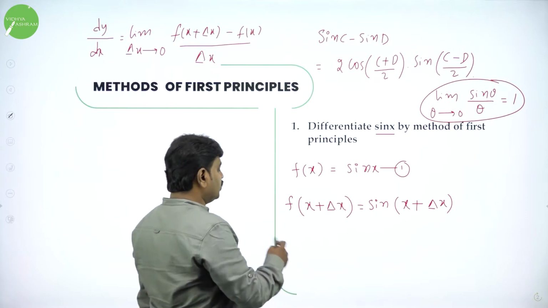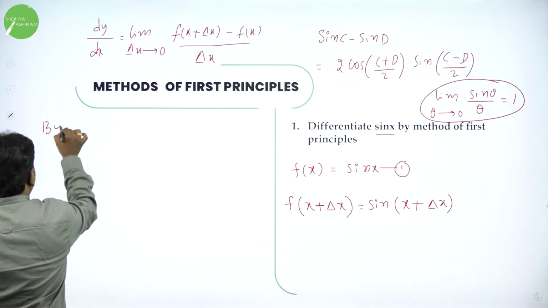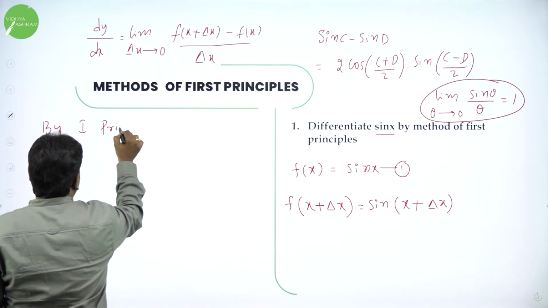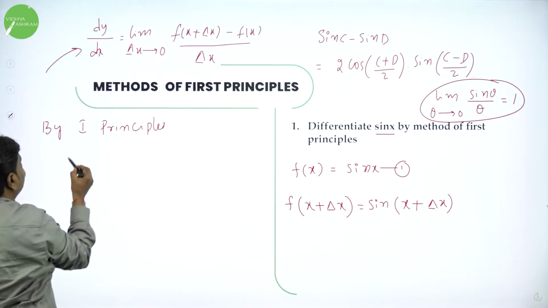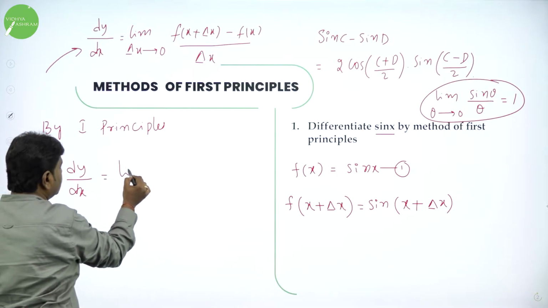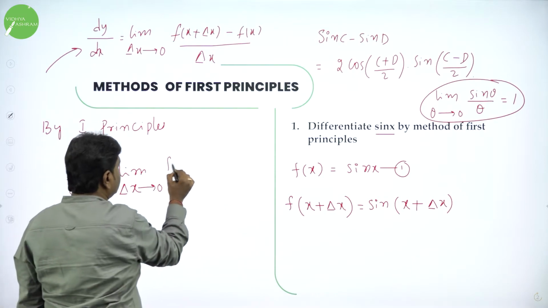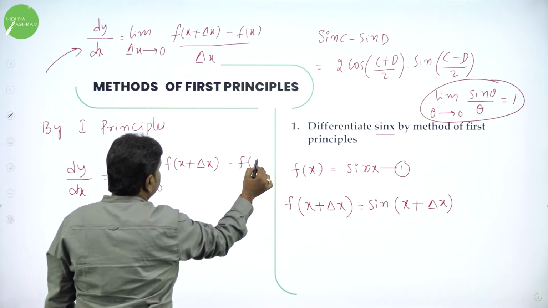After that, we use the formula by method of first principles. What is the formula we have learned? All of you know the formula. This is the formula we have to use. Dy by dx is equal to limit delta x tends to 0 f of x plus delta x minus f of x divided by delta x.